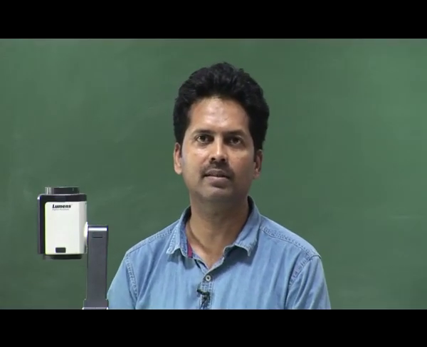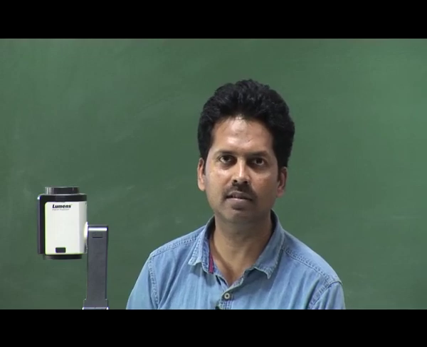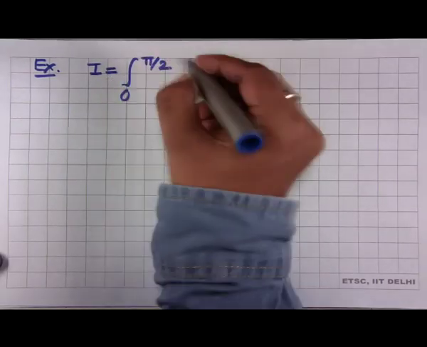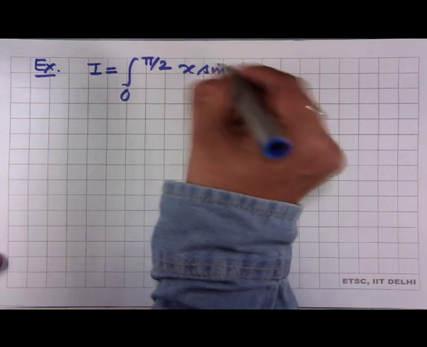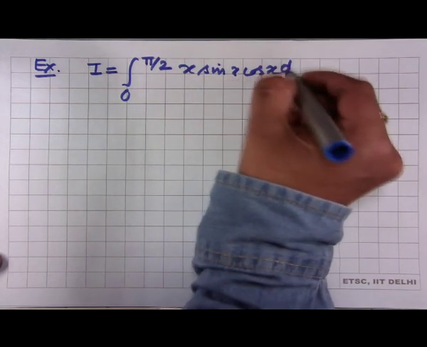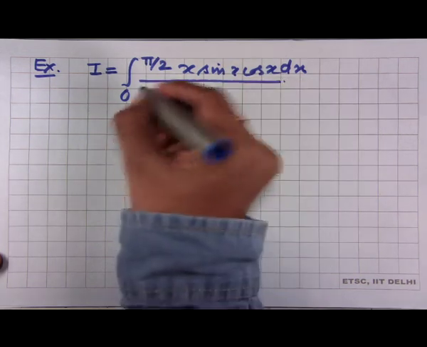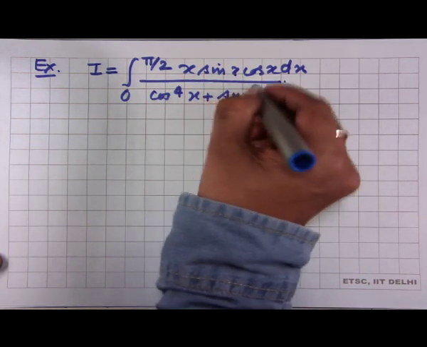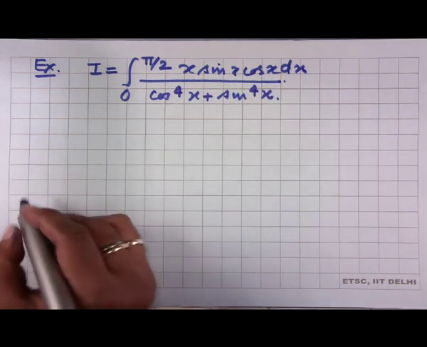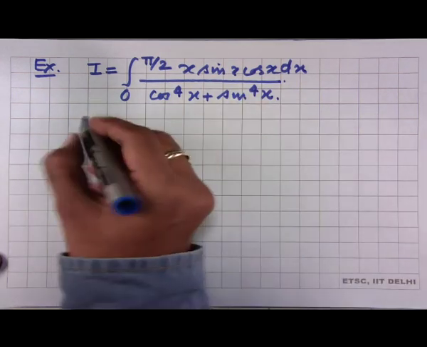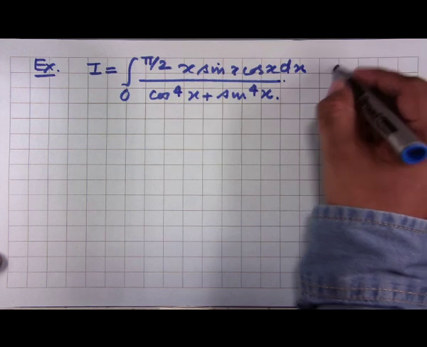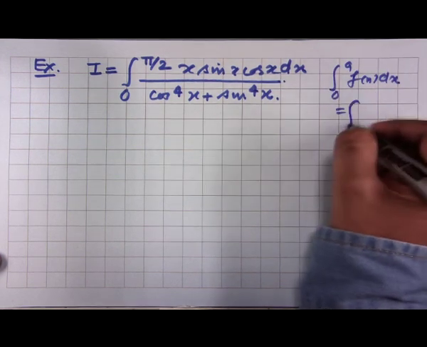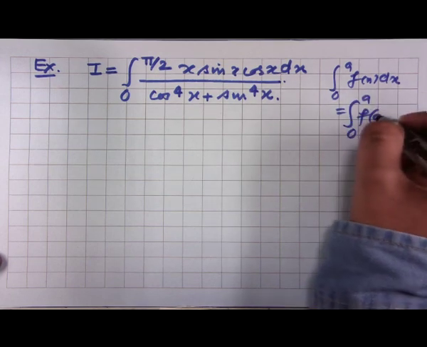Let us take one more exercise on definite integrals. The integral from 0 to pi by 2 of x sin x cos x dx by cos power 4 x plus sin power 4 x. So use the property that the integral from 0 to a of f(x) dx is the same as 0 to a of f(a minus x) dx.